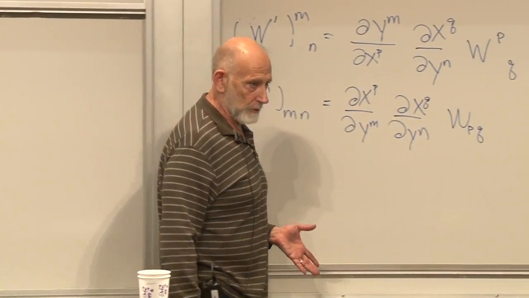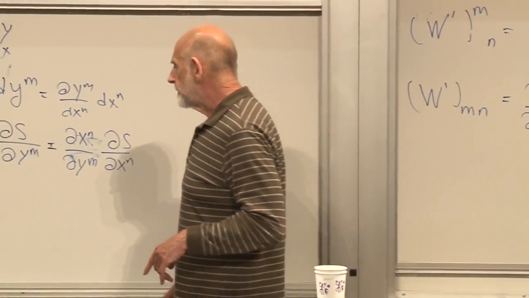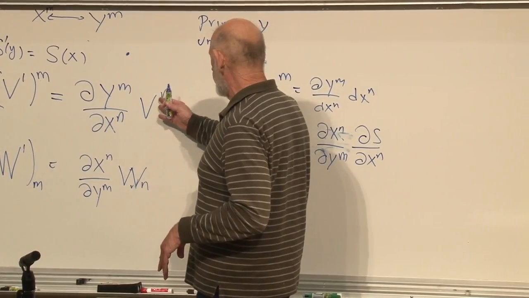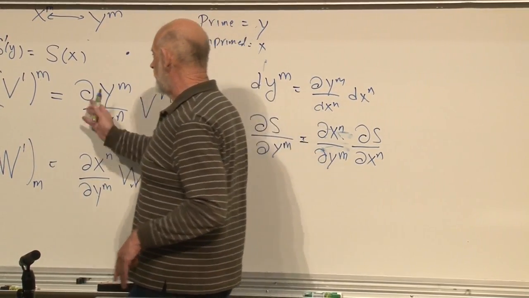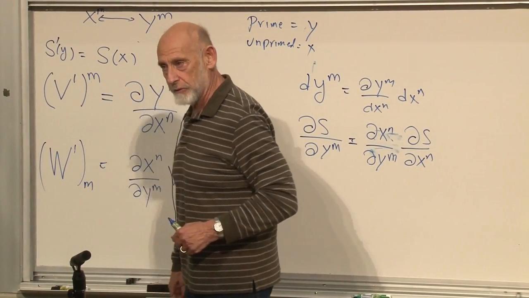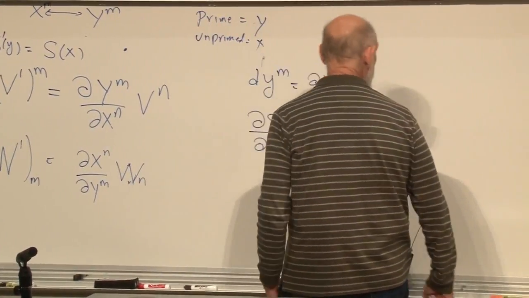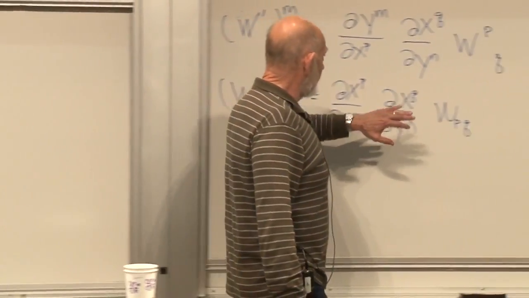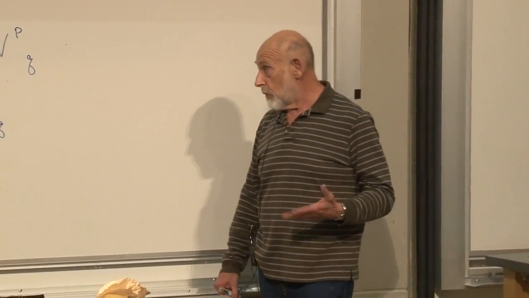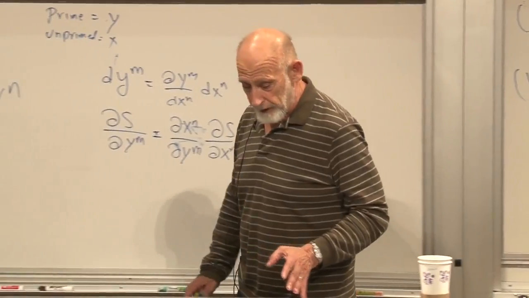It means all of its components are equal to 0. A vector is only 0 if all of its components are 0. If all of the components of the contravariant vector V^n are 0, then obviously the transformation property is such that all the components of the primed vector are 0. Likewise, with any tensor, if all of its components are 0 in one frame, in one coordinate system, then all of its components are 0 in every frame.